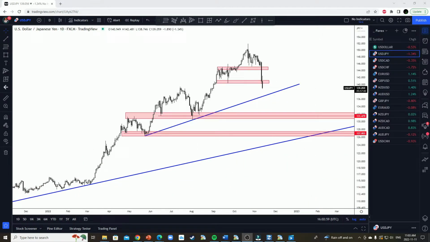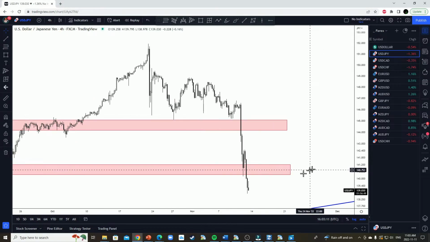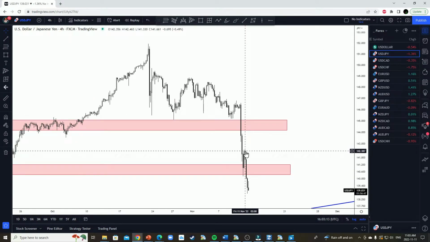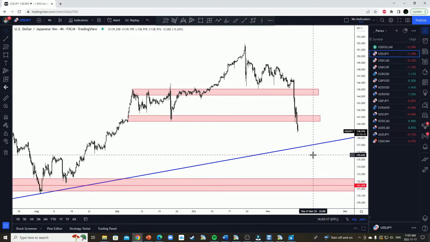All right, so I'm glad I didn't get out of this. This is Friday on week 3. Basically, price just went right through this previous support, and it retraced a little bit. I didn't get out. Good thing that I didn't, because it went all the way down.